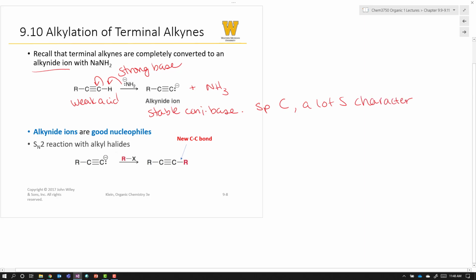It has a much shorter bond than an alkene or alkane, and so it's able to hold on to those electrons and stabilize that lone pair of electrons and charge better than, say, an sp2 or sp3 hybridized carbon. And so this is a very stable conjugate base. This is the O in ARIO, so your orbital. This makes this very, very synthetically useful because now it can be a nucleophile.